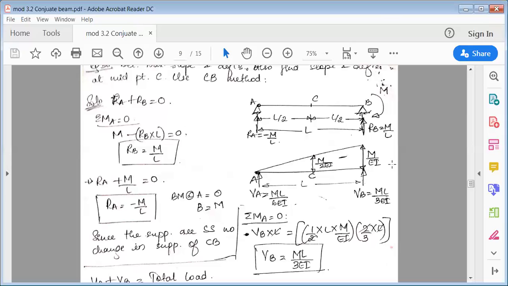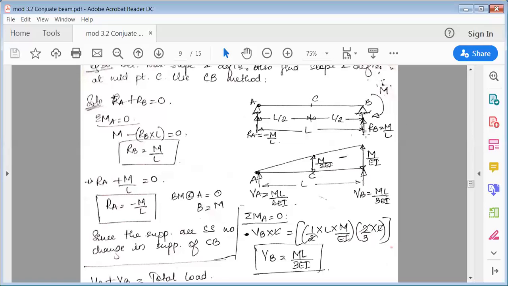Now you can see here, this is Rb. If you want to find how much this ordinate is, I already know Rb, so Rb into its perpendicular distance. Bending moment at C, either you can look to the left or to the right; the choice is yours.